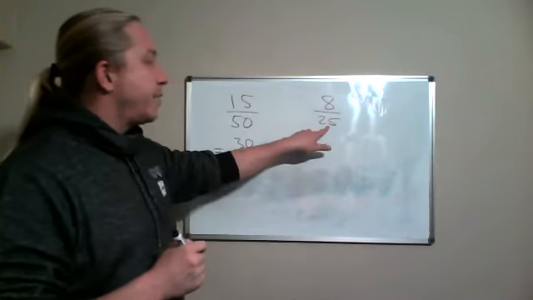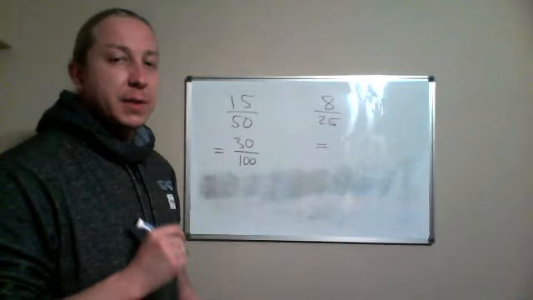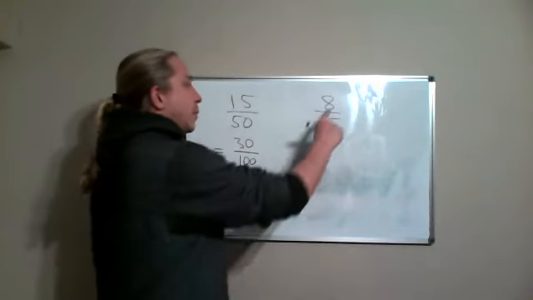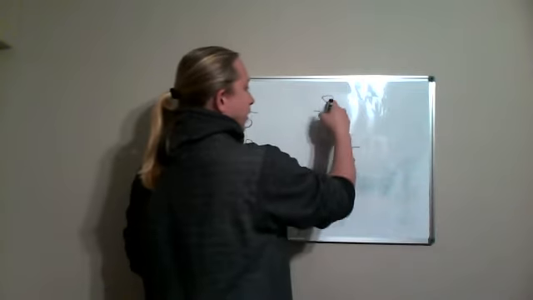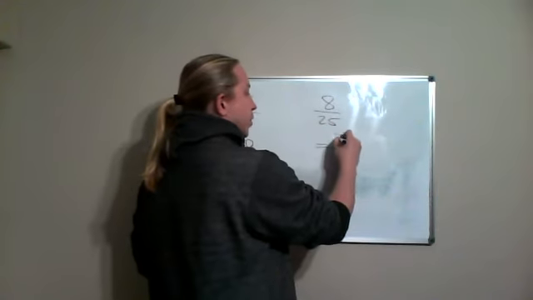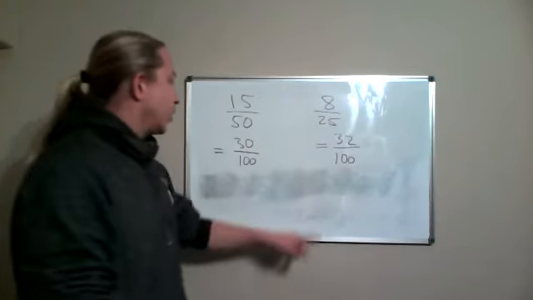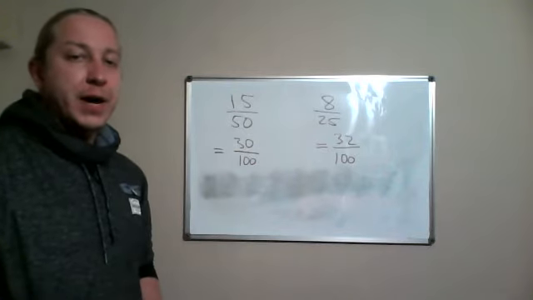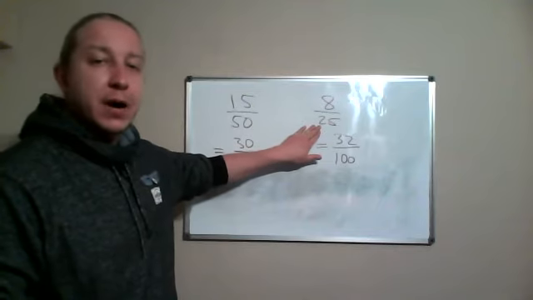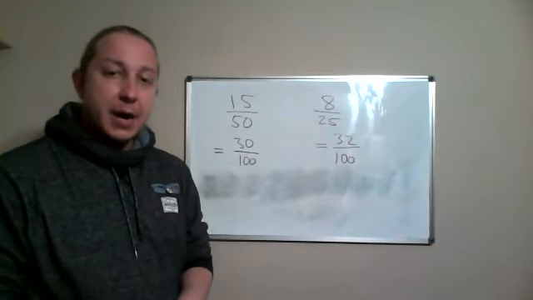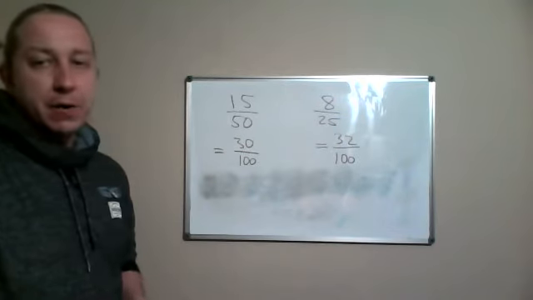The 25 I can turn into 100 by multiplying by 4. So I multiply top and bottom by 4. So at the bottom I get 100. At the top, 8 times 4 is going to be 32. So this person got 32 out of 100. So which score is better? Well, the score of 8 out of 25 is obviously better than a score of 15 out of 50.